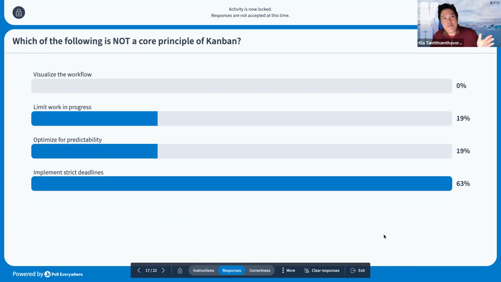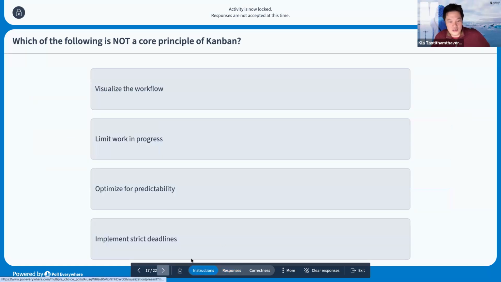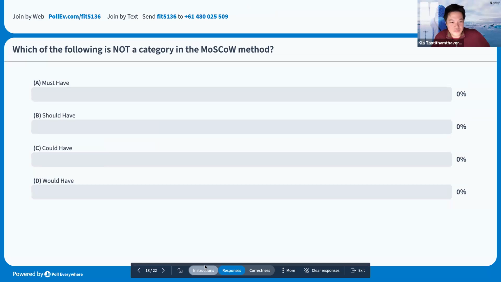Let's say the flow stays static for many weeks, and you still have a bunch of work in the backlog, then you can predict that something is wrong and the project is going to fail. Strict deadline: Kanban doesn't have any deadline attached to it at all, so that's the correct answer.